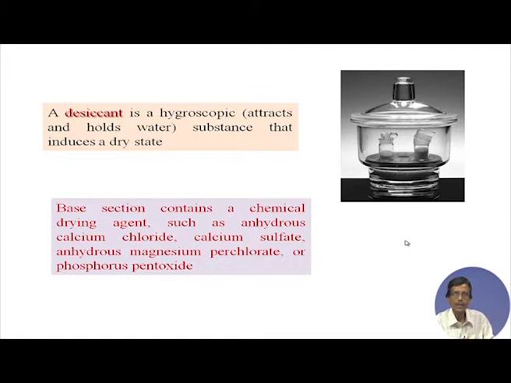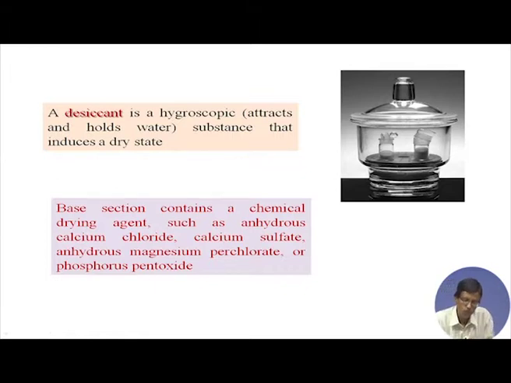So, what is the base section? Basically, the base section contains a chemical drying agent. As I told you, it can be anhydrous calcium chloride, calcium sulphate, anhydrous magnesium perchlorate or phosphorus pentoxide.